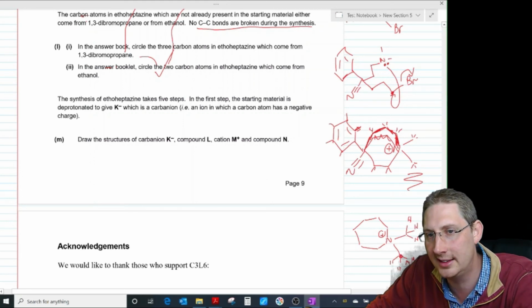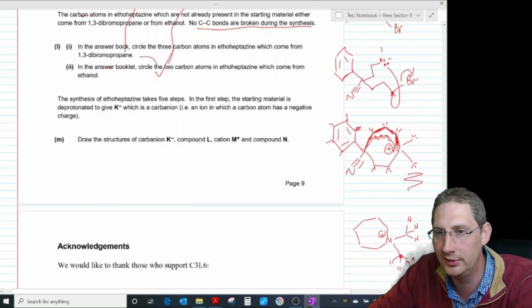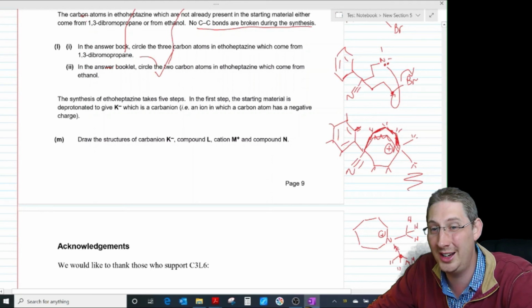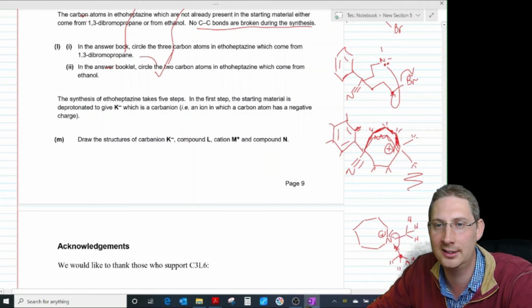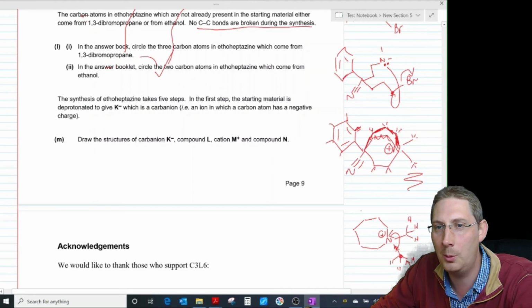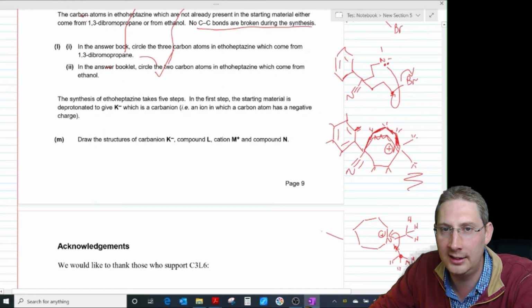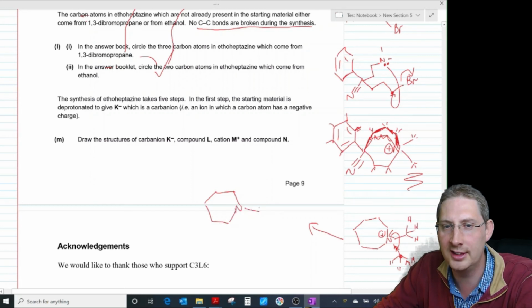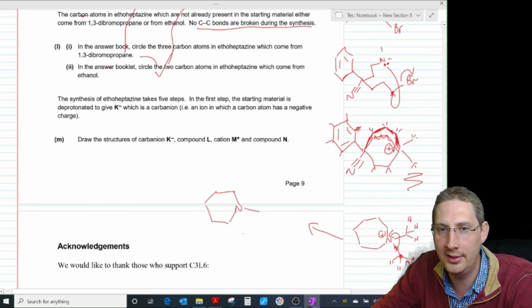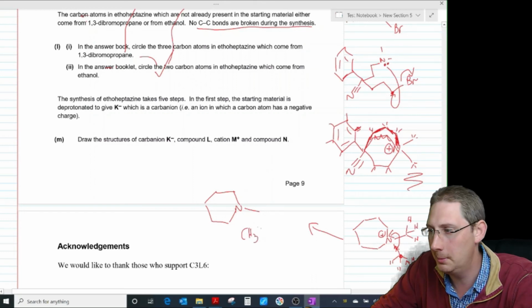Well, actually it's next to this nitrogen, which is very positive, so that will be pulling electron density away from it. Also, I know I want to make CH3Br, so I'm going to do that. I'm going to break that, and so compound N just ends up being 1, 2, 3, 1, 2 nitrogen with just the single one there, and then CH3Br.